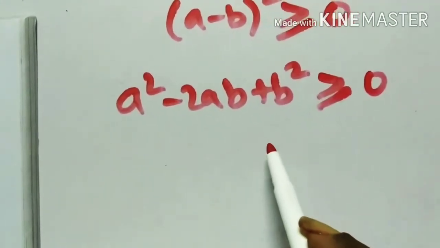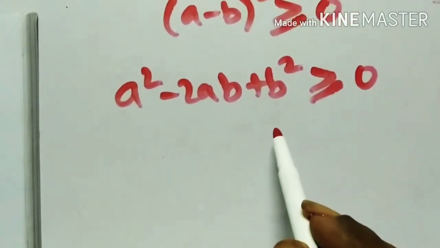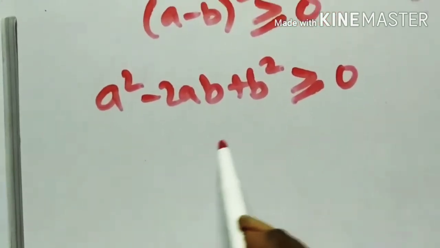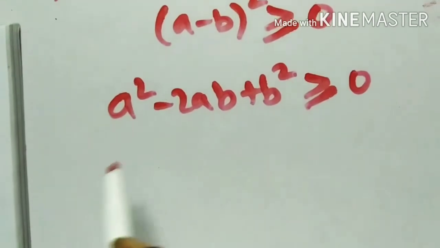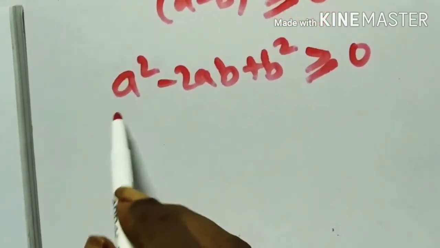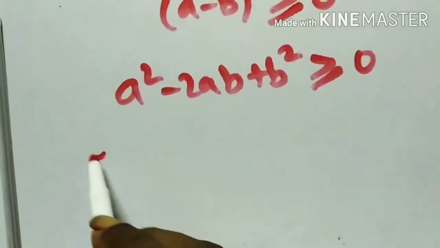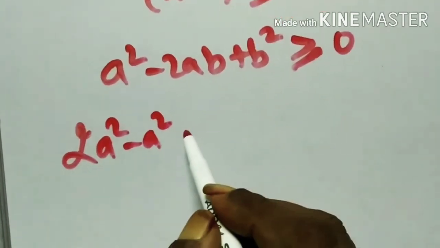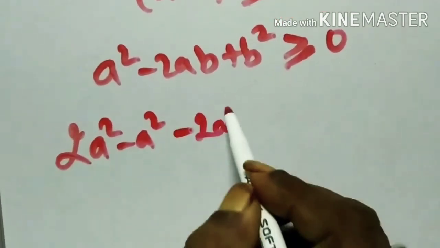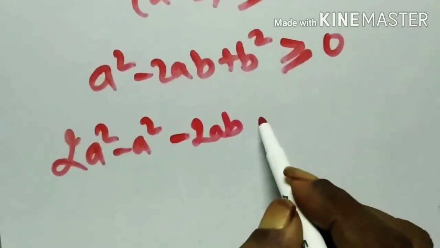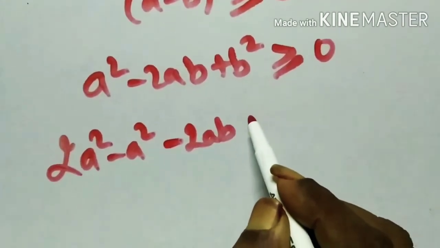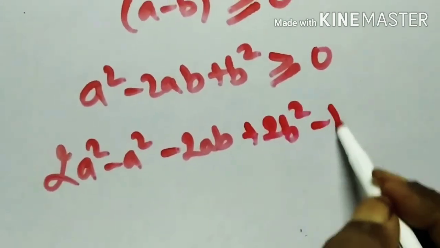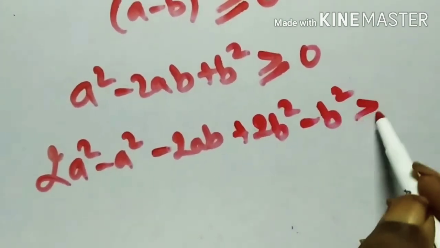Now I am going to make a slight arrangement. Instead of a square I am going to write 2a square minus a square, and minus 2ab. Instead of b square I am going to write 2b square minus b square, greater than or equal to 0.